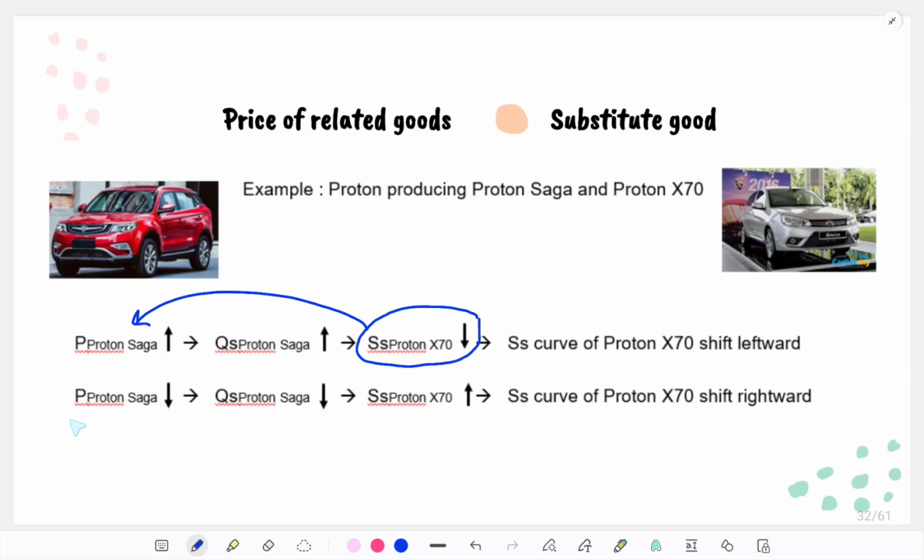But when the price of Proton Saga decreases in the market, Proton will reduce the production of Saga and move the resources of producing this car to produce more Proton X70. It will affect our supply curve, which is the supply curve for X70 will shift rightwards.